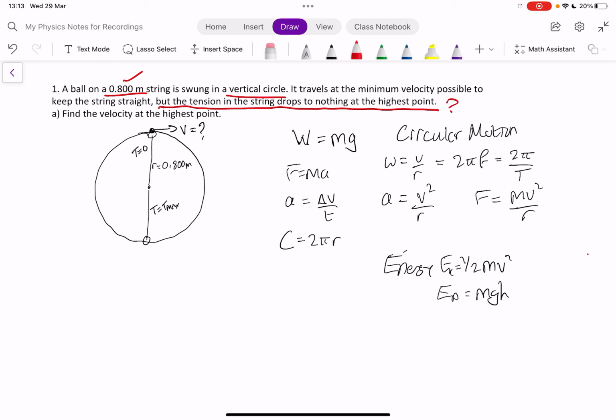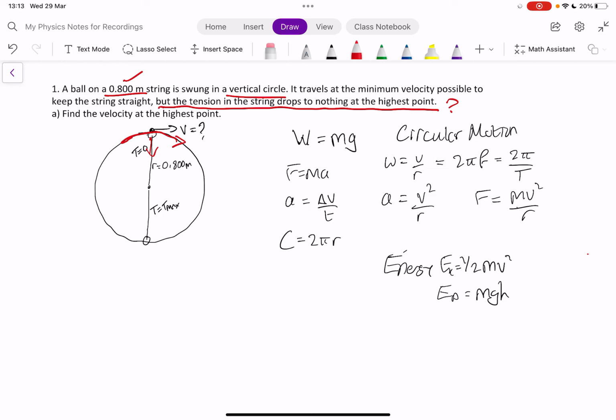If the tension in the string at the top is 0, what does that mean? It's still travelling in a circle when it goes past this point. What's providing the centripetal acceleration or centripetal force? If it's not the tension in the string, the only other thing could be the weight.